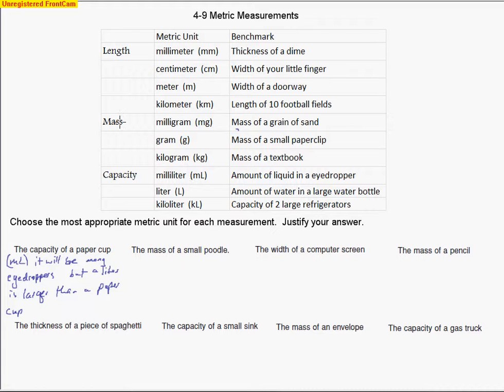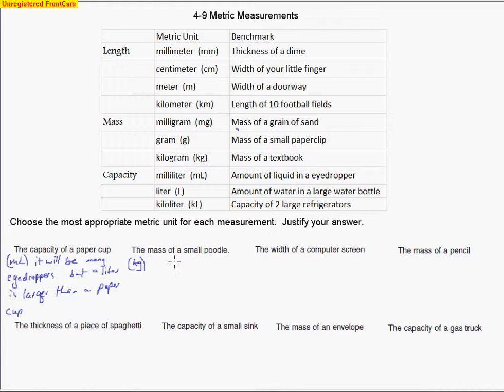Now, the mass of a small poodle. Well, I go to mass, and I'm either going to use a milligram, which is the weight of a grain of sand, so that'd be too light. A small paper clip would be a gram, that's still too light. The mass of a textbook is about what a small dog would be. Even if it were a large dog, I'd still have to go with the kilogram because I wouldn't want to use the weights of a paperclip to compare it to that dog.